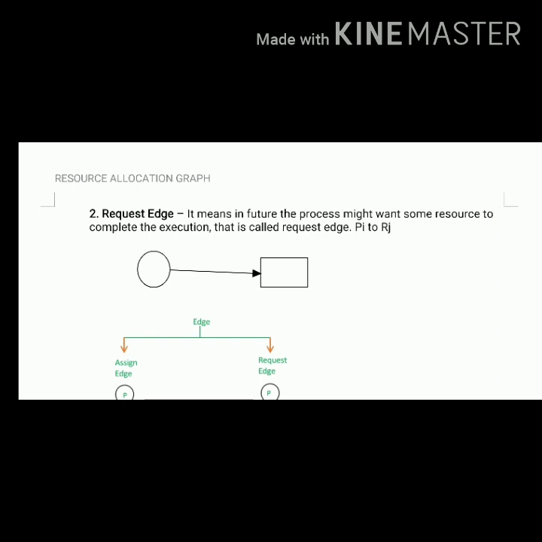If there is an arrow from circle to square, the process is requesting that kind of resource. So here the example is given: an edge from square to circle means the resource is already allocated to that process, and an edge from circle to square represents that the process is requesting that kind of resource.